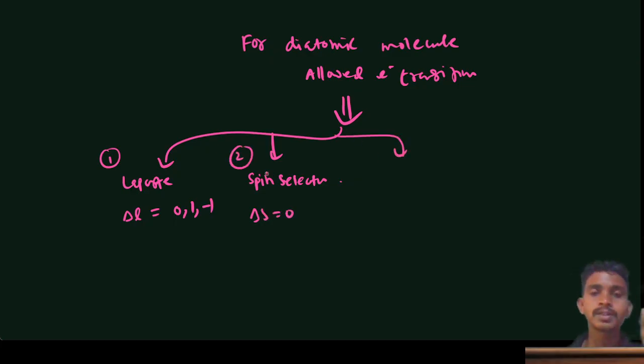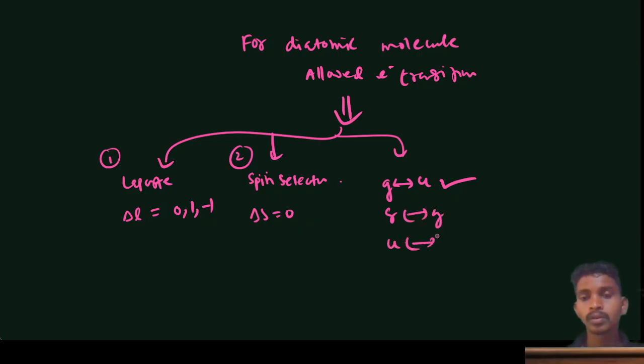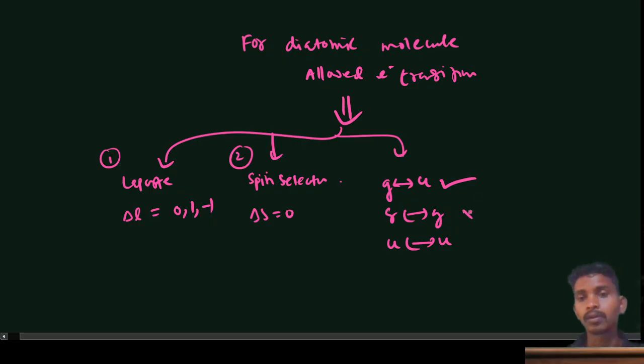If all these conditions are satisfied, then only it is an allowed transition. And next is G to U is allowed, but G to G or U to U is not allowed.